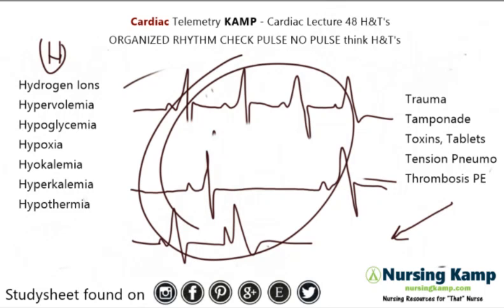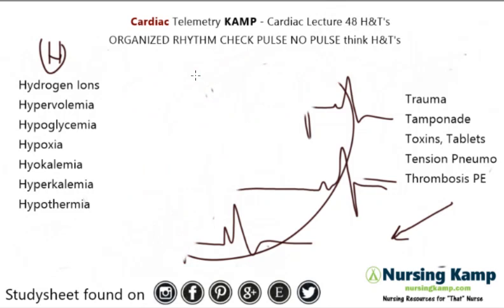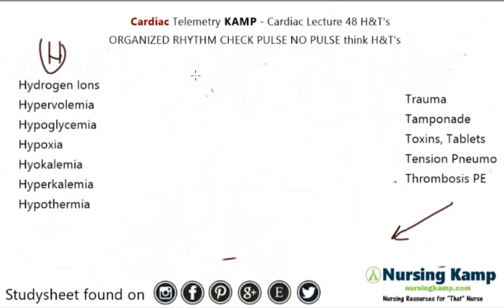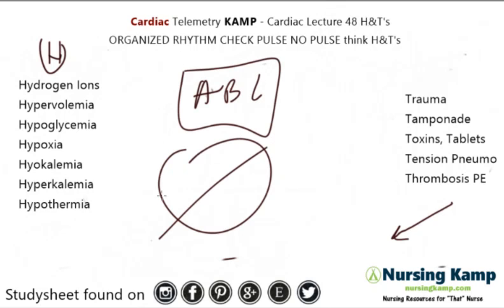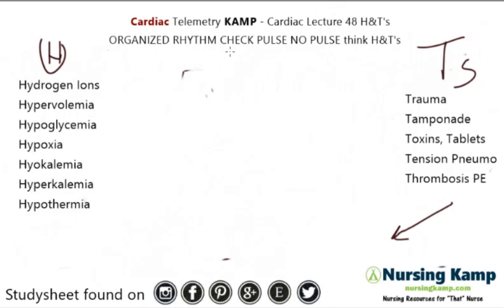Whenever you see an organized rhythm, the first thing you think is, do they have a pulse? If they have a pulse, then you monitor ABCs, airway, breathing, circulation. But if there is no pulse, then you evaluate your H's and your T's. And then you basically go down. You look at the patient's history. The first thing we think about is hydrogen ions.